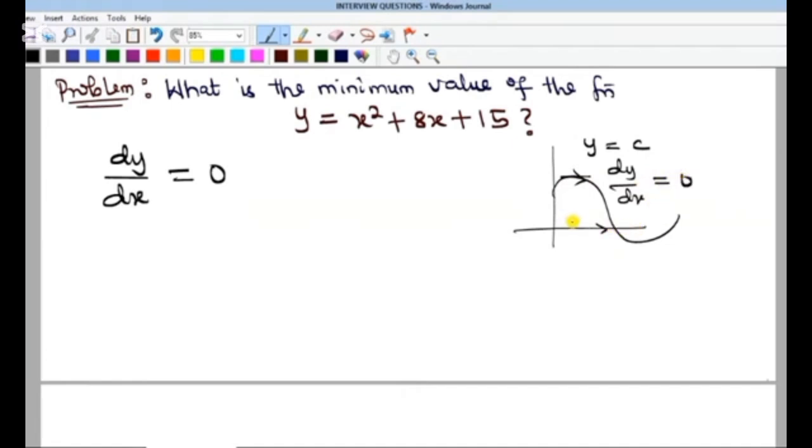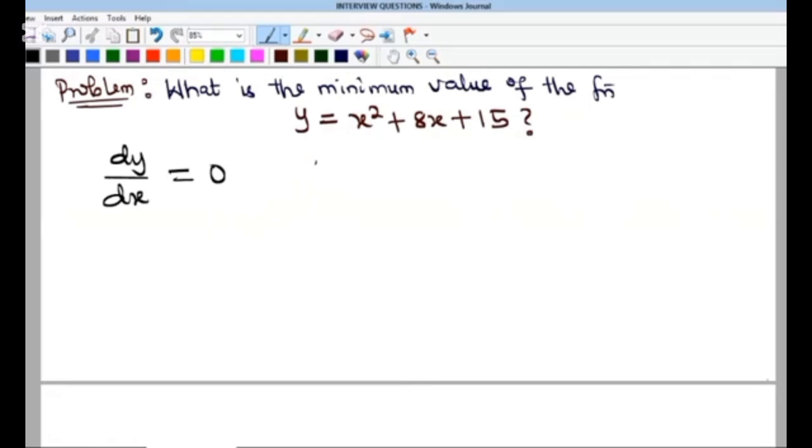So at the point where there is a stationary or a turning on a particular function, the derivative of that function with respect to the independent variable is always equal to 0. So if you equate it to 0 and solve, you will be able to get the values of your x, and those values are your stationary point or the turning point.